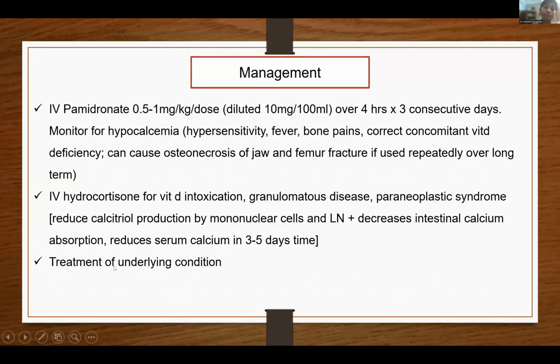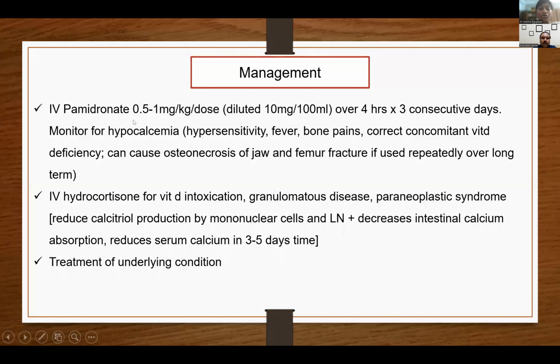blunt out. Another thing that you will start right on day 1 is giving IV bisphosphonates, which inhibit bone resorption. You cannot use zoledronate or alendronate in children as far as I know. So we give only IV pamidronate. You give it at the dose of 0.5 to 1 mg per kg per dose, properly diluted over 4 hours for 3 consecutive days. Definitely you have to monitor for hypocalcemia and hypersensitivity reactions.